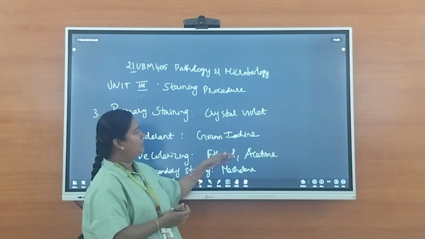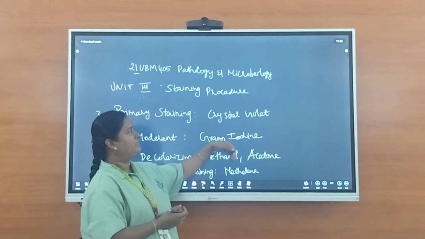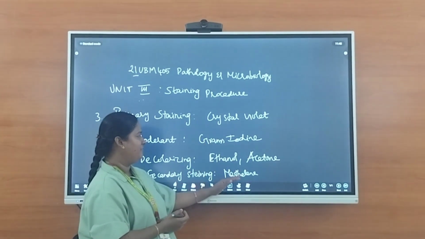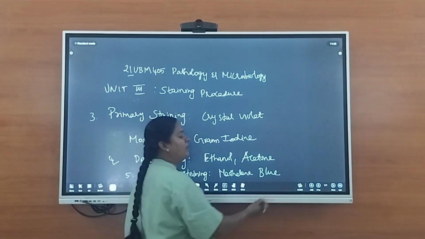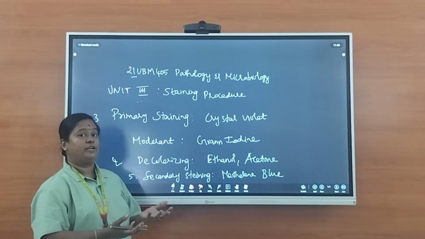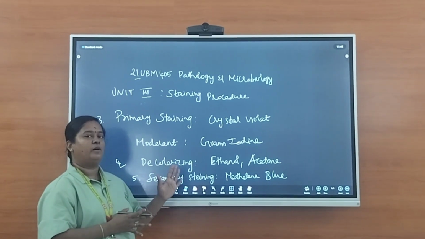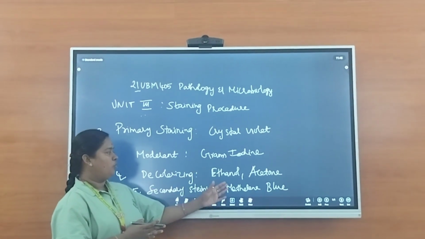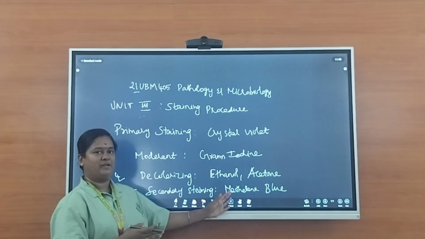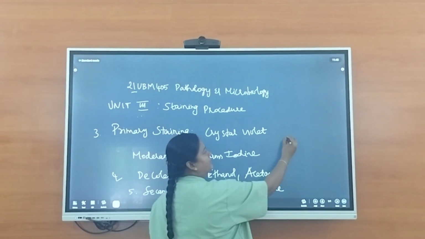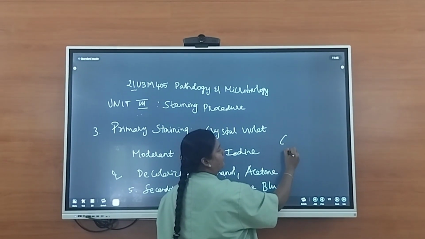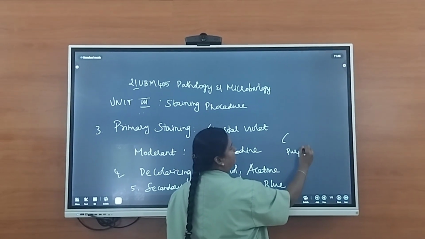After ethanol, if it is negative, the crystal violet will be washed out, so we add methylene blue to view the bacteria. But if it is positive, it won't lose the crystal violet to the ethanol and won't accept the methylene blue; it retains the crystal violet. So we can see two colors, blue color and purple color.